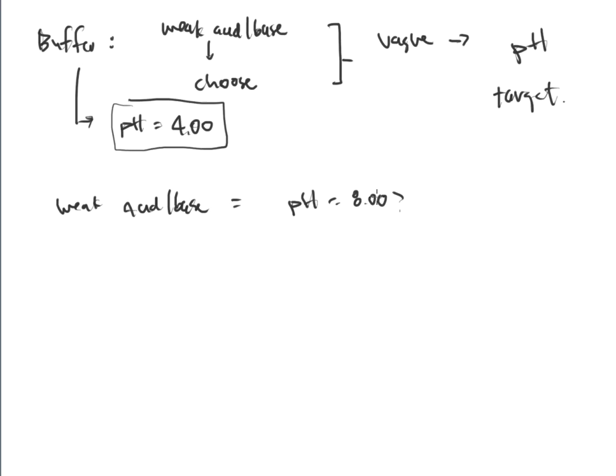When this buffer is made and its pH is 8, if I add acid or base to that solution, it's going to keep that solution around a pH of 8. And maybe that's not what this experiment wants. What this experiment wants is a pH of 4, not a pH of 8, meaning that pH of 4 has to stay pretty constant throughout the entire experiment. If not, then this experiment could go bad.